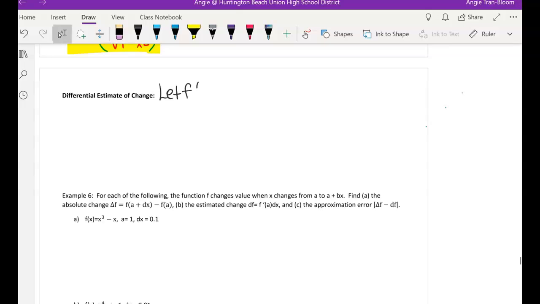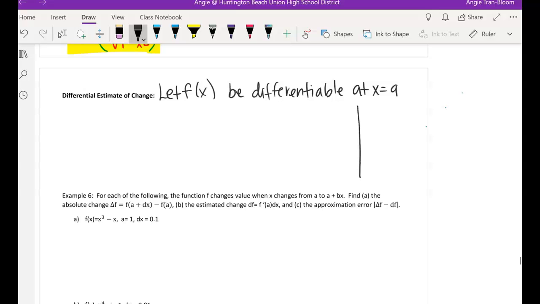Let f of x be differentiable at x equals a. Give me some space here to draw a picture of this, so don't write all there.